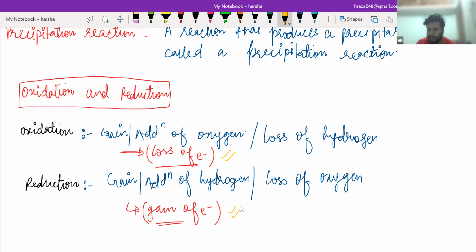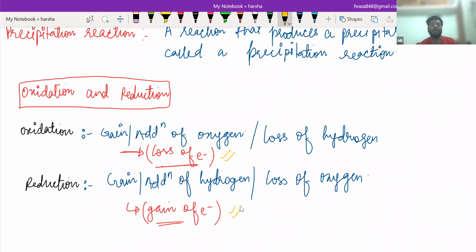So what I am saying is, is it necessary that in every reaction of this universe there will be hydrogen or oxygen? Is it necessary? No, it is not necessary. Obviously, there will be reactions that are without oxygen or hydrogen.